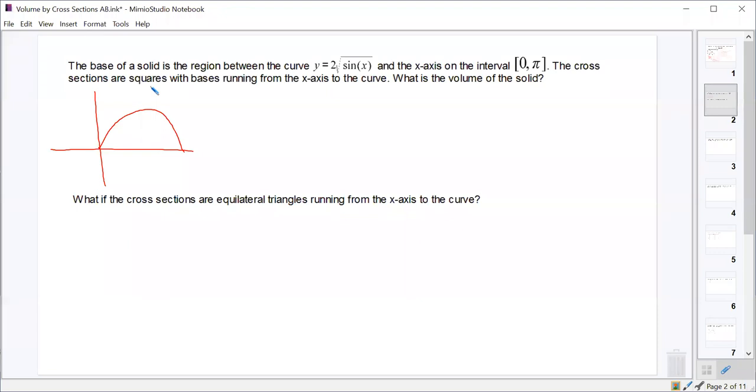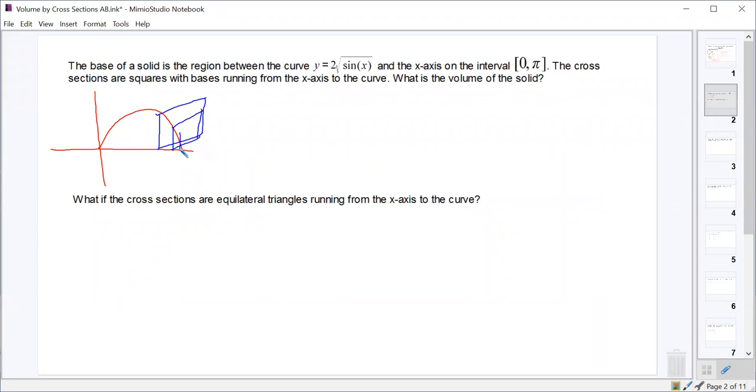Okay. So this is the base of our solid. This is 2 root sine x, and we have cross sections that run from the x-axis to the curve, and they are square. So going from the x-axis to the curve, and then coming out of the board, straight at you, is a bunch of square cross sections.